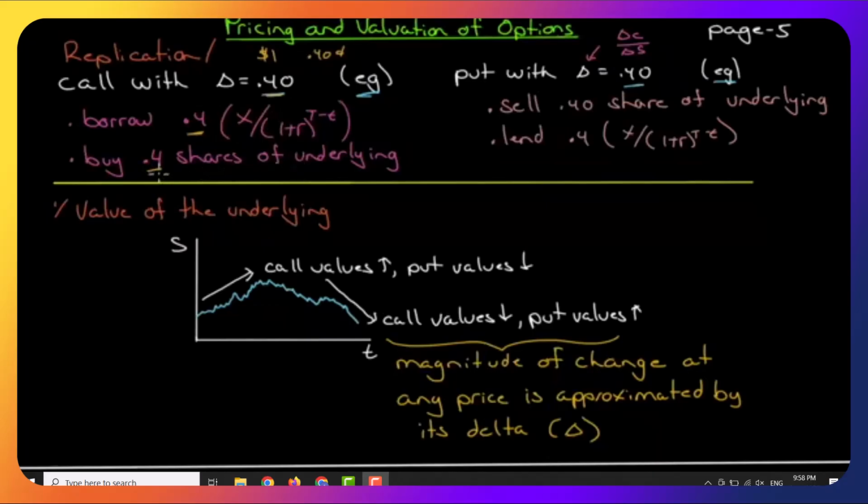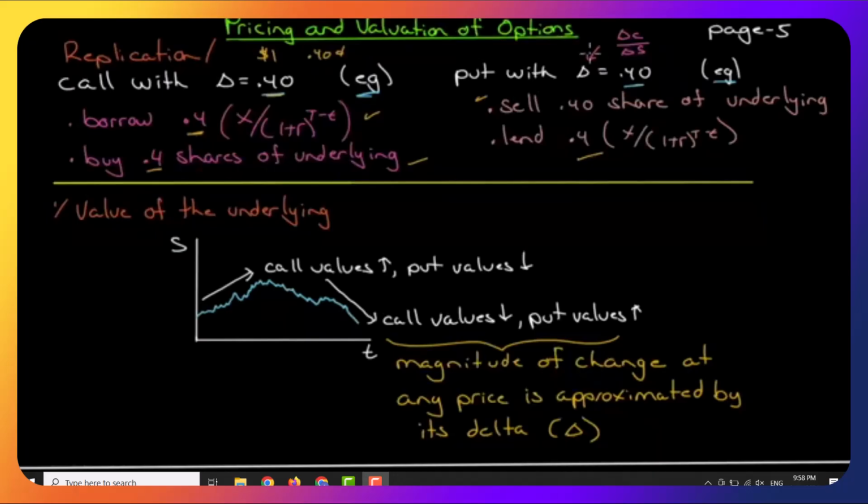So if we only had 0.4 shares and the share went up $1, this would only go up 40 cents. That is how we would replicate a call option using borrowing and buying the underlying. For the put, we would short sell 0.4 shares of the underlying, and then we would lend 0.4 times whatever the present value of the strike price happens to be.